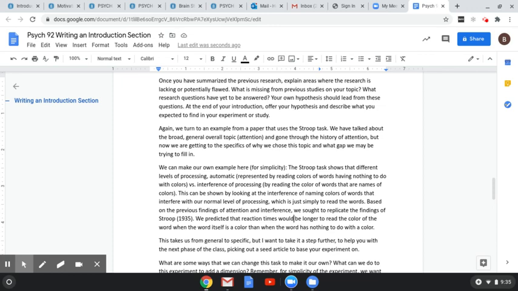So this takes us from general to specific, but one of the things that I mentioned on that page, so you can look at it after you go over this tutorial, which just gives you the bullet points of what I'm looking for in this section. I want to take it a step further because in the next module, we're going to talk about simple experiments with one IV and two levels, which we did with the Stroop task, and my example of studying versus not studying.